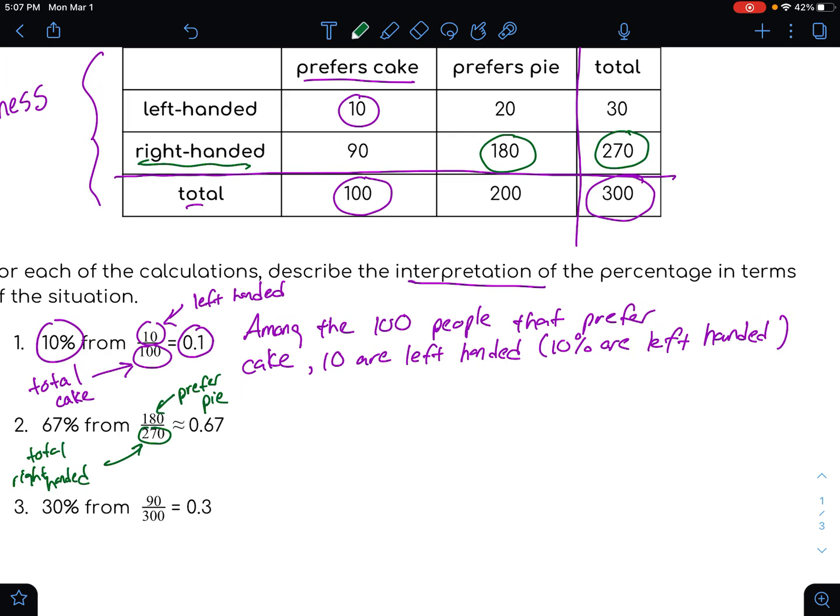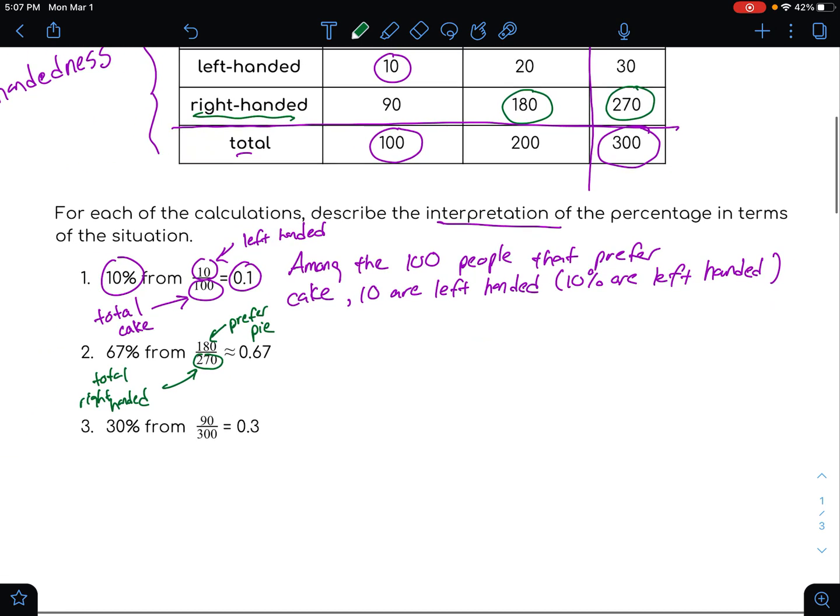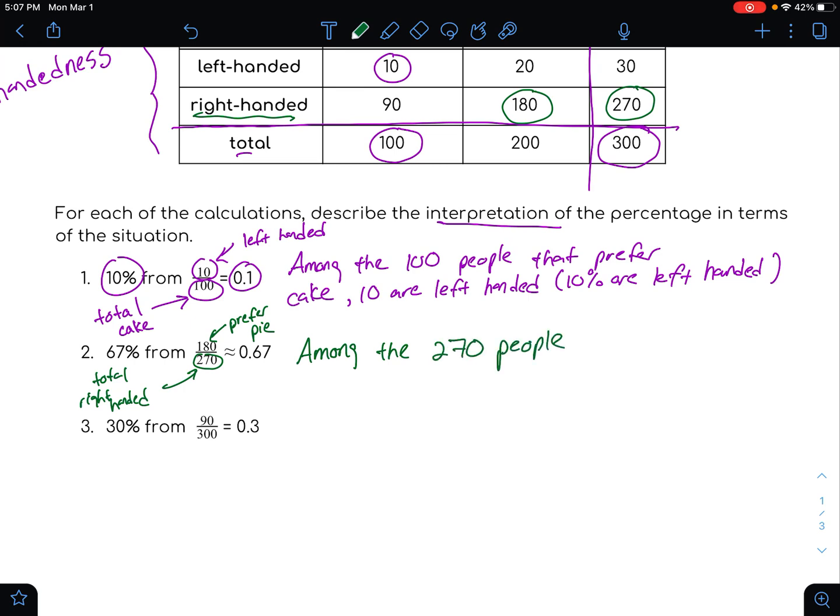Okay, so once again, when we're thinking about describing the interpretation of this, we're thinking about that denominator. So among the 270 people that are right-handed, because that's what we're choosing from, 180 prefer pi.